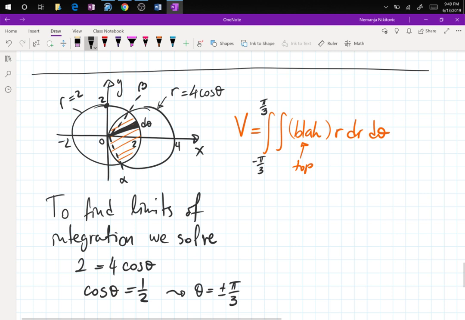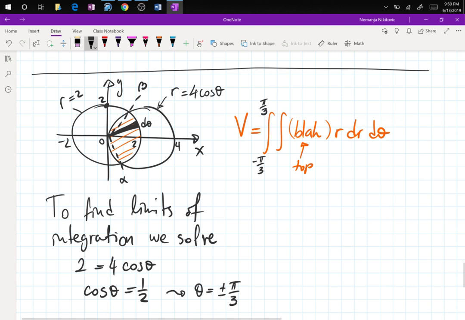And then your radius limits: the pizza slice is always riding function 2, so the radius is 0 to 2.